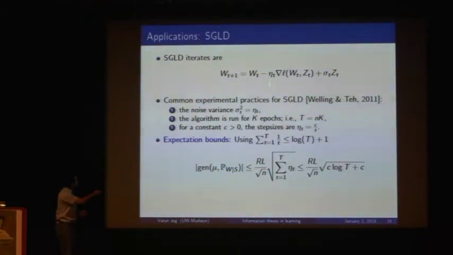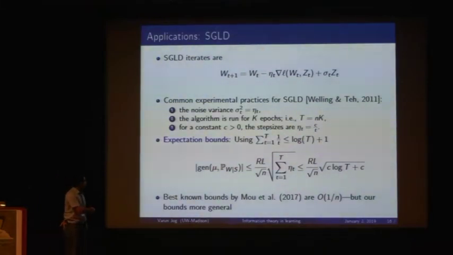If you plug in these kinds of bounds, you get a generalization error that is increasing like square root of log t over root n. So it is increasing, but it doesn't have to increase linearly, even though the sum is with t terms. Also, there is a square root n below, so depending on the relation between n and t, it could actually be small. Right.